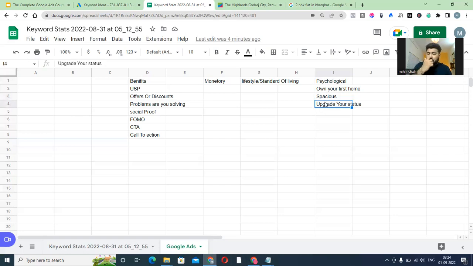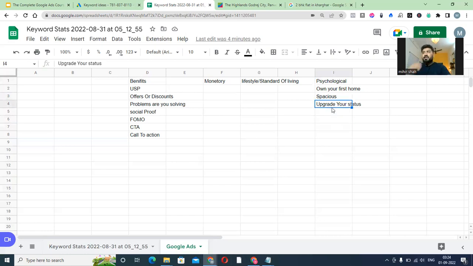So upgrade your status. I have listed a couple of things when it comes to psychology. Even owning a house is a big thing, goes without saying. But owning a spacious house again is a very big deal, so you need to double down on that particular factor as well. Also, upgrade your status.